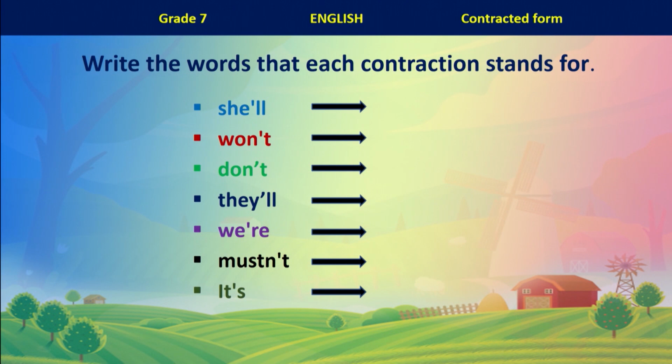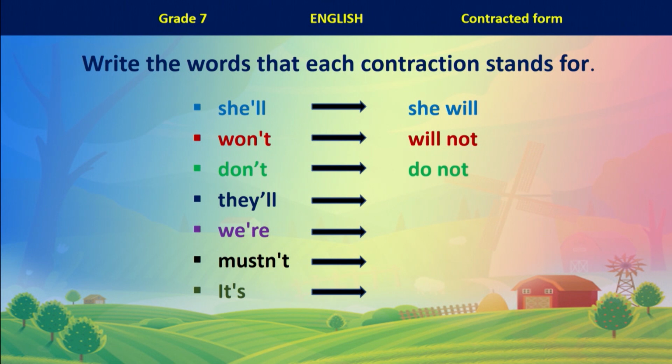Let's start. She'll. Miss Samadhi would help again for our children to find the answers. Okay, children. She'll becomes she will. Won't. Well, children, you can do this with us. The words will be will not. Don't.